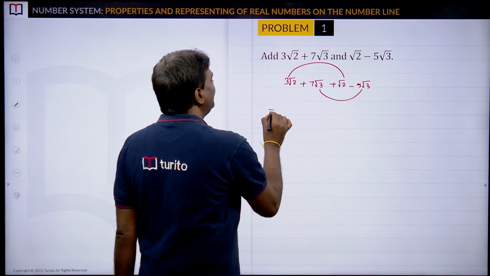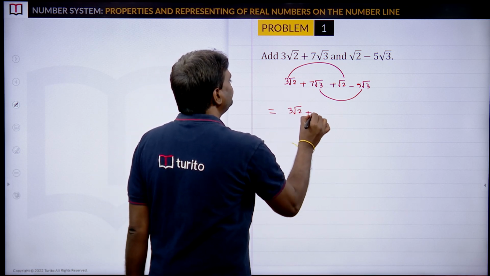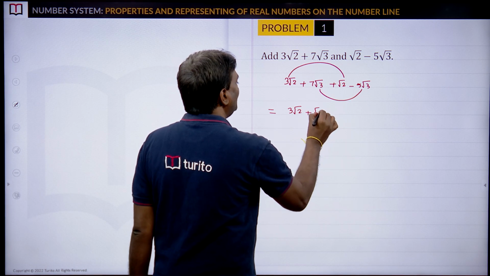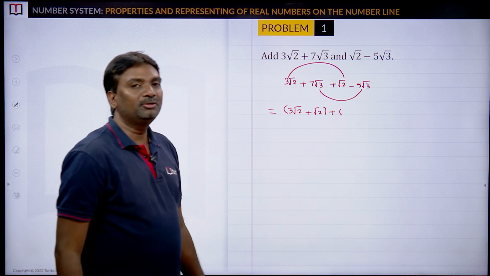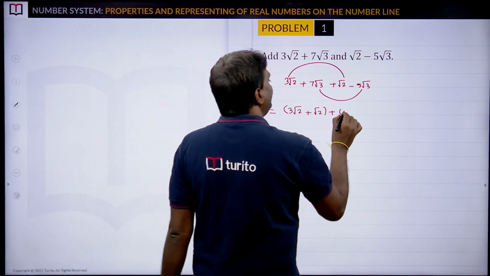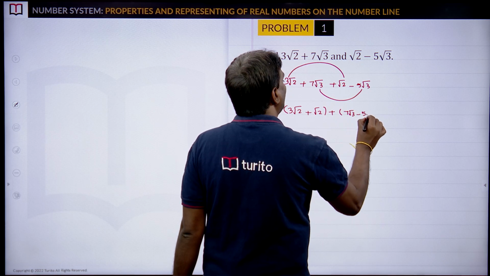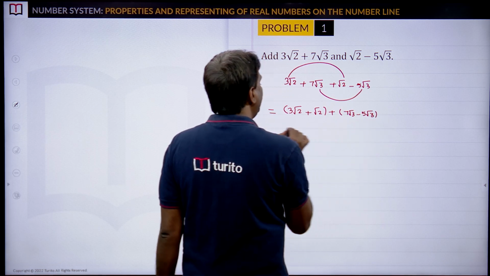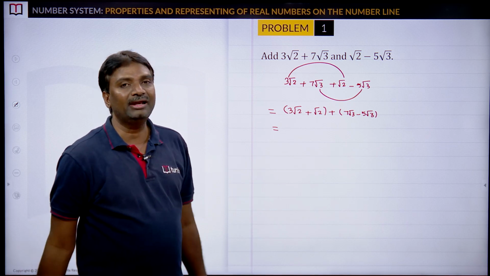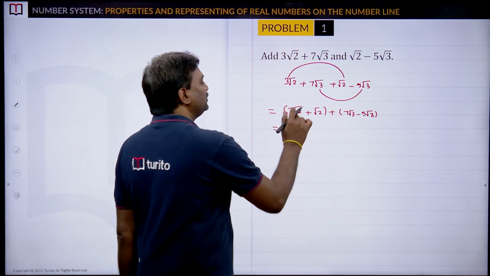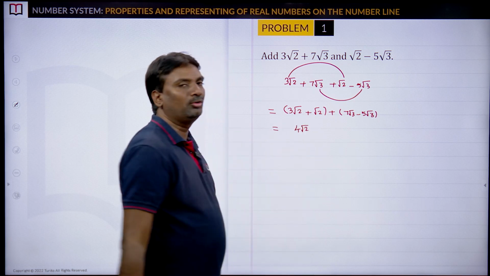So, 3 root 2 plus root 2 plus 7 root 3 minus 5 root 3. 3 root 2 plus root 2 are similar numbers, so 3 plus 1 is 4, and can be written as 4 root 2.